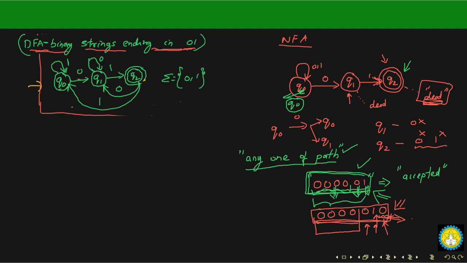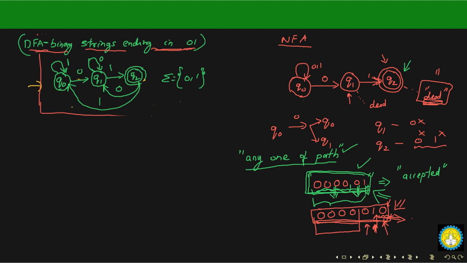When you see a 0 after this 1, you actually don't know where to go, so you are at a dead state. Even though you came to Q2, your symbols are not complete. Your string has one more symbol left, and that is 0. Upon 0, you don't know where to go, so we cannot say that the string gets accepted. You are at a dead state if you don't know where to go.